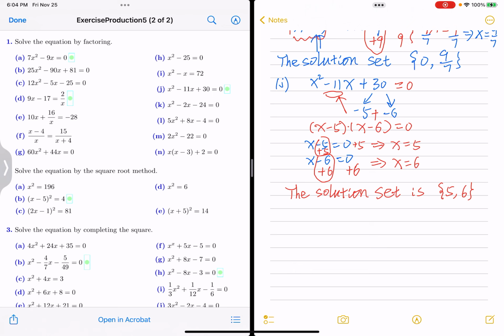Very easy. Now, the third one we want to do is the one right here.